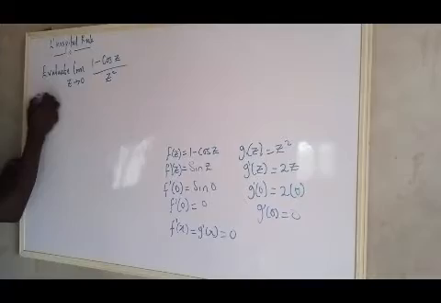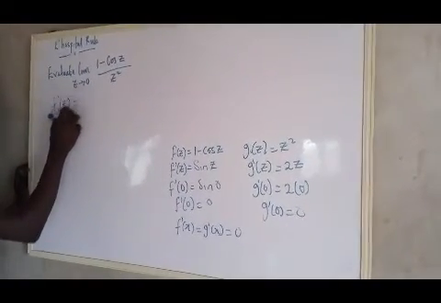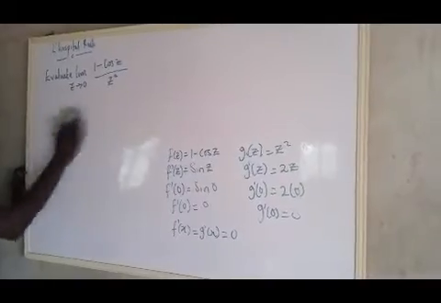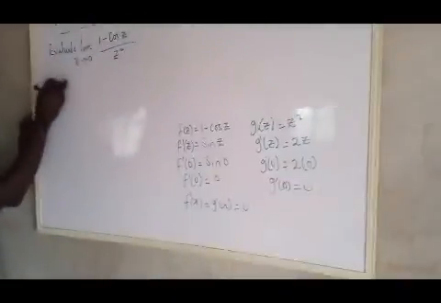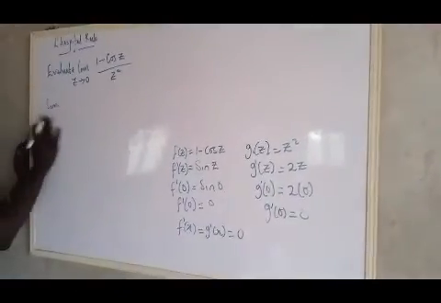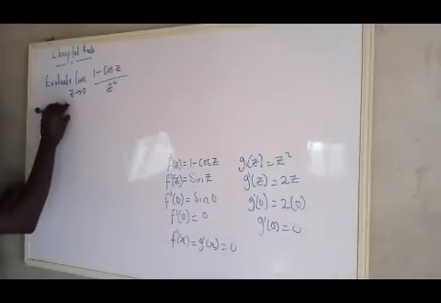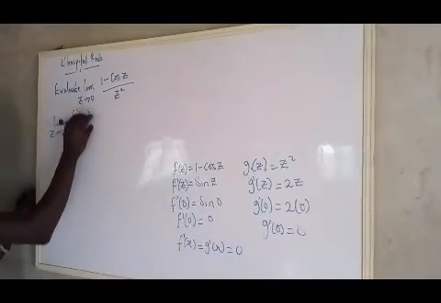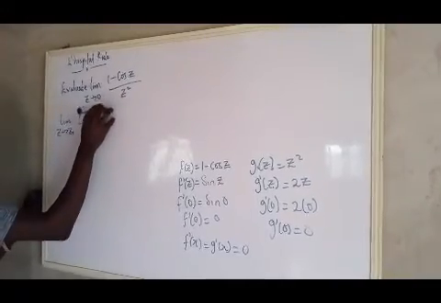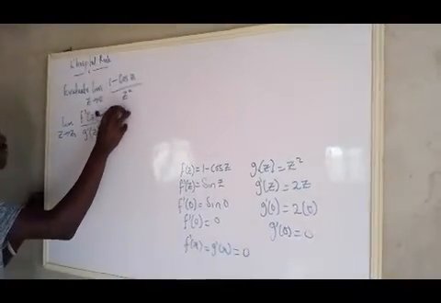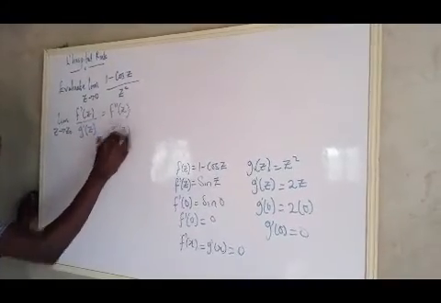Now our f prime of z is equal to what? The two of them are equal to 0. So in that case, I will say the limit as z tends to z naught of f prime of z over g prime of z is also equal to f prime prime of z over g prime prime of z.